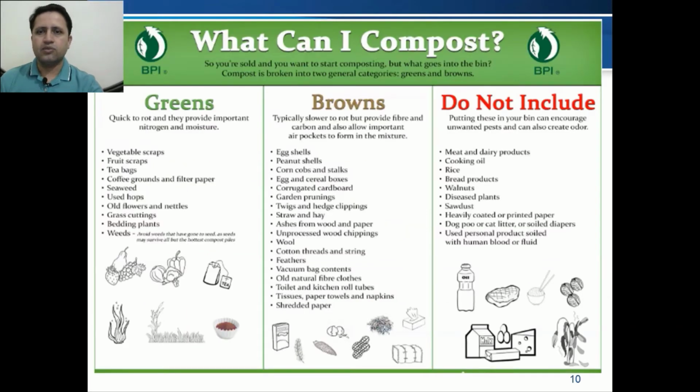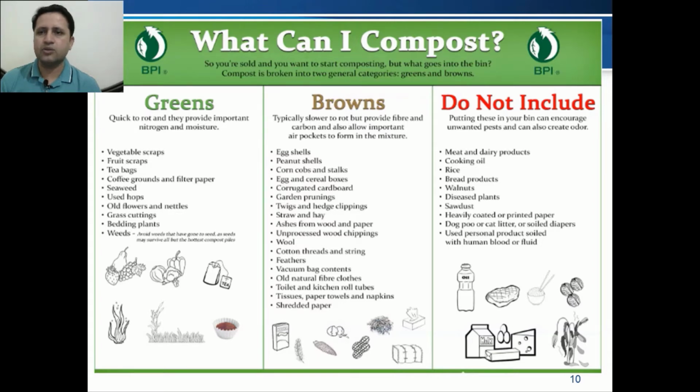So what we can compost and what we should not compost. We should compost some green parts, which are quick to rot and provide important nitrogen and moisture, like vegetable scraps, fruit scraps, tea bags, coffee grounds, filter paper, seaweed, used hops, old flowers, nettles, and grass cuttings.